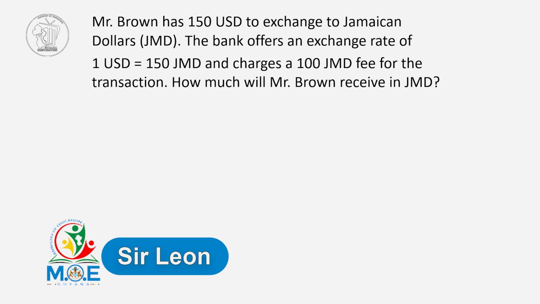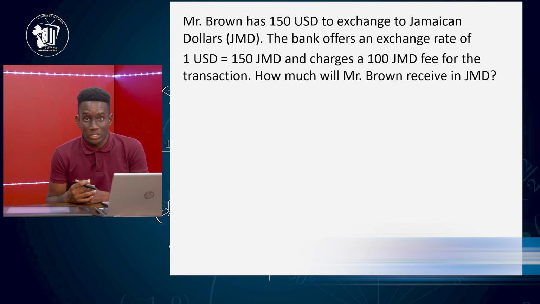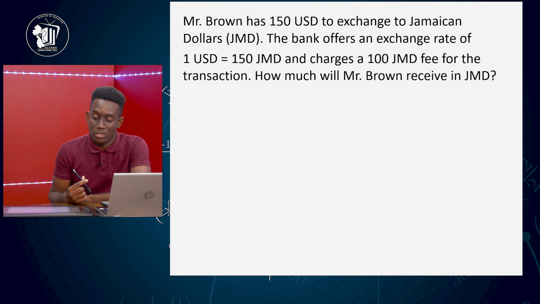The bank offers an exchange rate of 1 US is equal to 150 Jamaican dollars and charges a 100 Jamaican dollar fee for the transaction. How much money will Mr. Brown receive in Jamaican dollars?